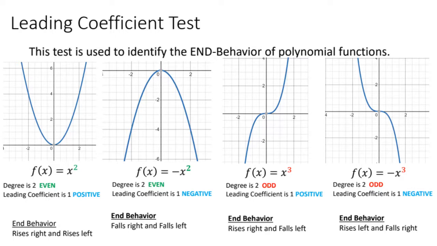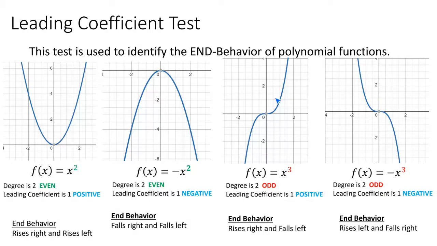If A is positive, I always think our graph is always increasing. It starts small from the bottom and is growing, going up to the right. But the way you want to think about it for your homework, when they ask you what is the end behavior, on an odd function, when A is positive, the left is going down and the right is going up.